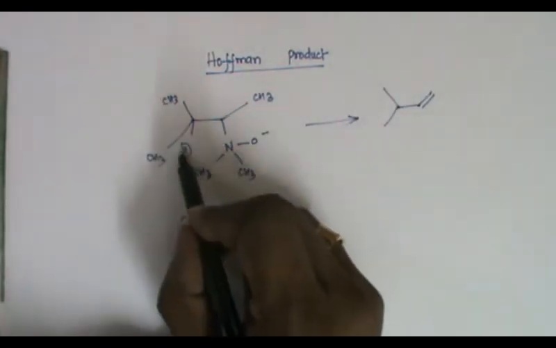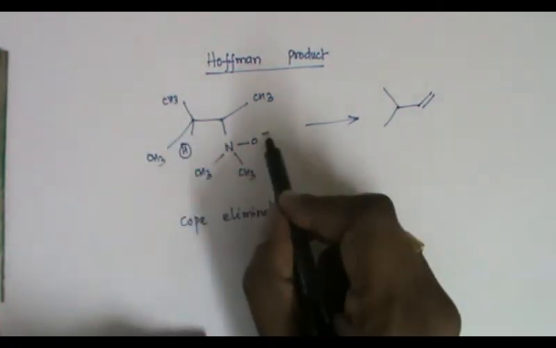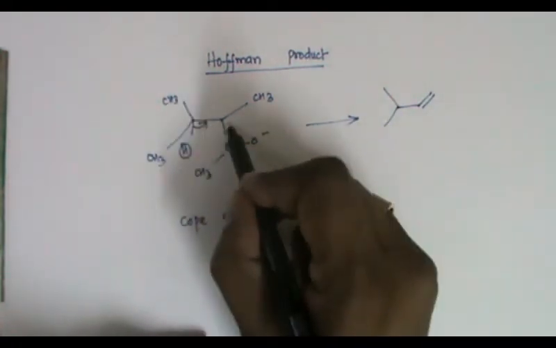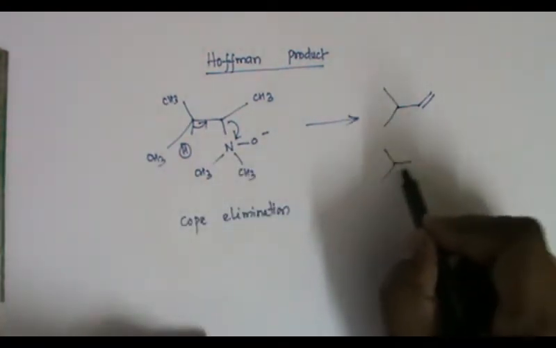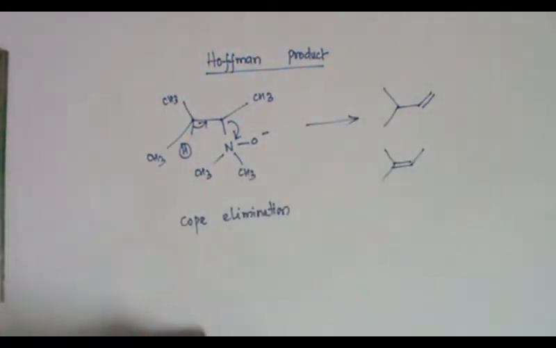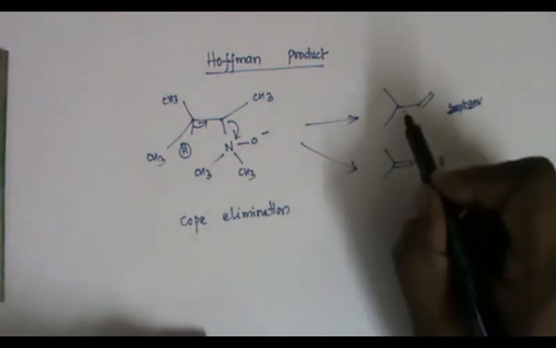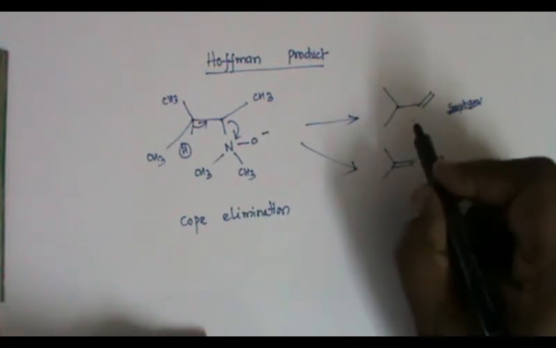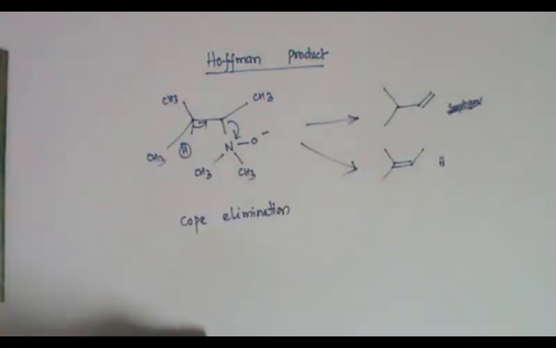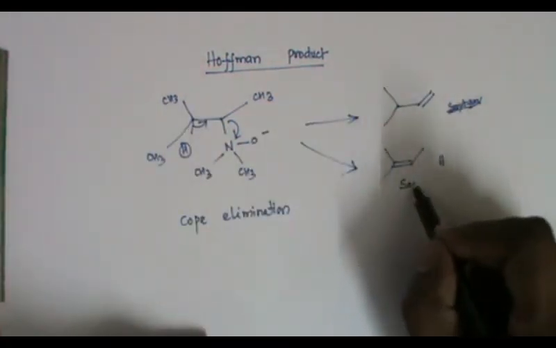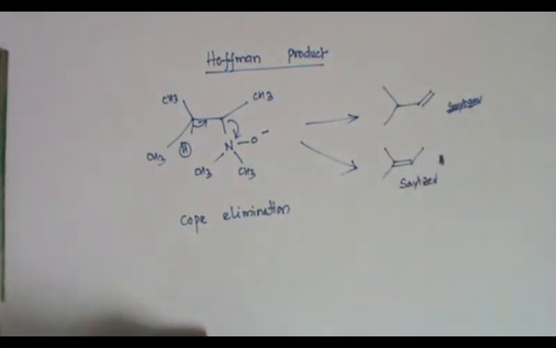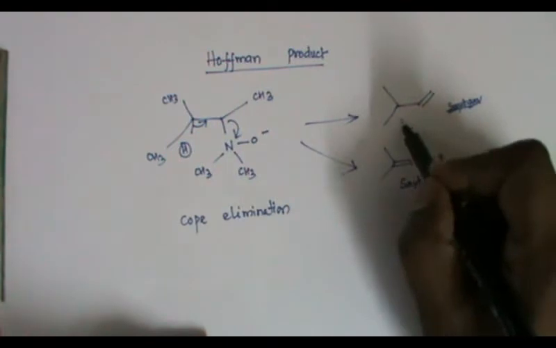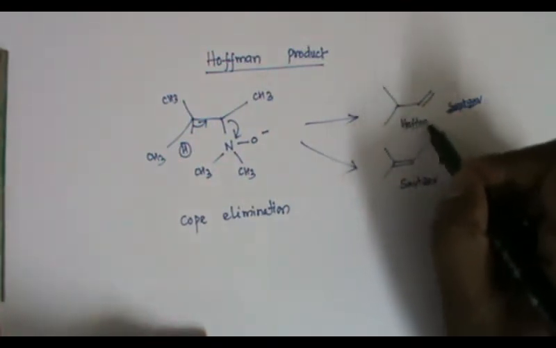If this hydrogen is taken by this O minus and it falls here, what we get is like this. Earlier, we have seen that this olefin is less favored according to Saytzeff, and this is more favored. But according to Hoffman, this is more favored.